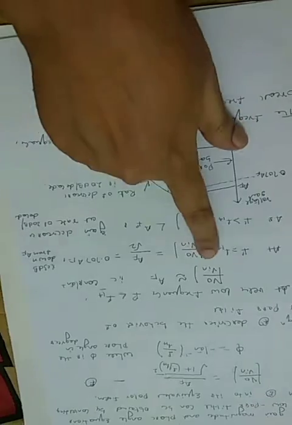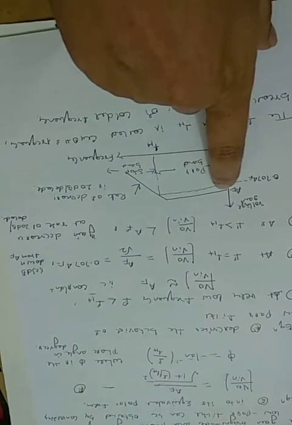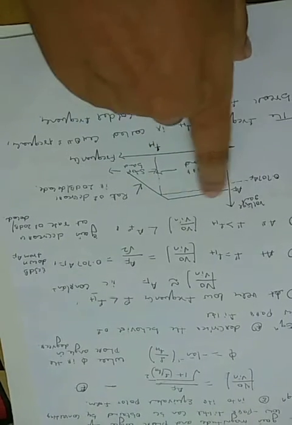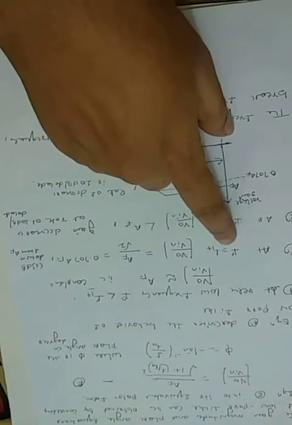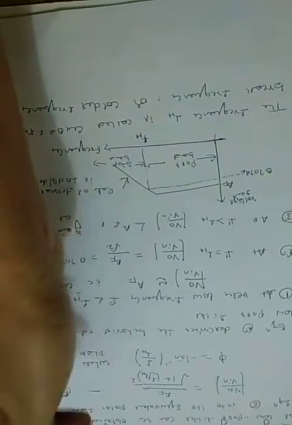That is constant. So till F is less than FH, the gain is constant.